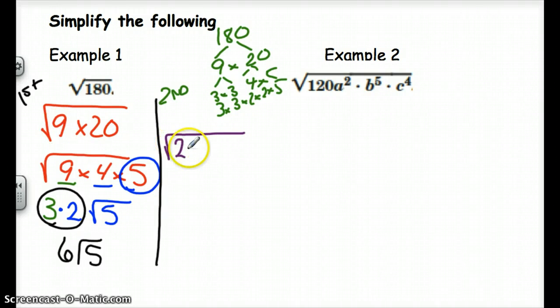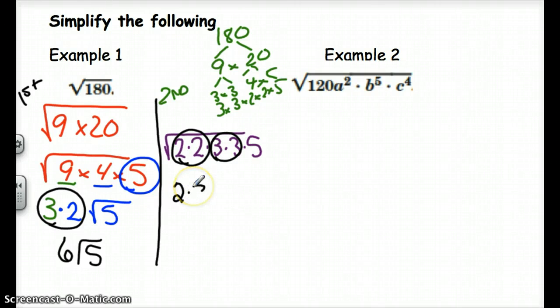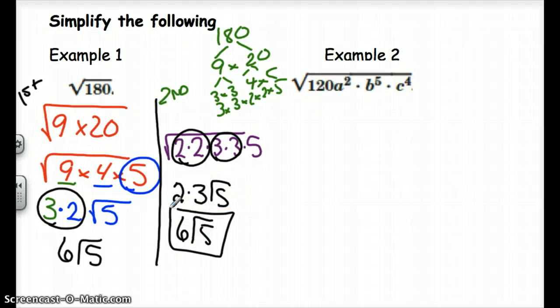I'm doing them in descending order, 2 times 2 times 3 times 3 times 5, and then I'm grouping them in 2s because it's a square root. Square root of 2 times 2 is 4, square root of 4 is 2, 3 times 3 is 9, square root of 9 is 3, and then root 5. So I have 6 root 5. There's my answer. Two different ways to solve this problem.